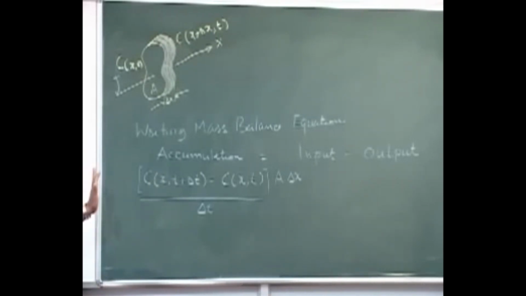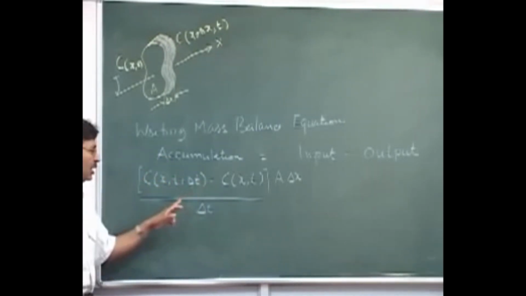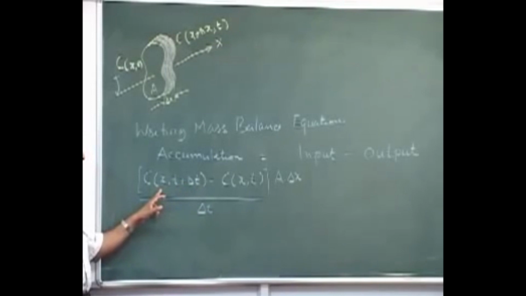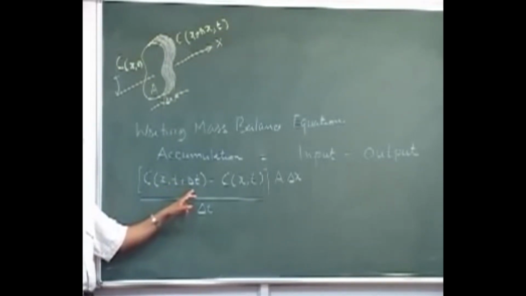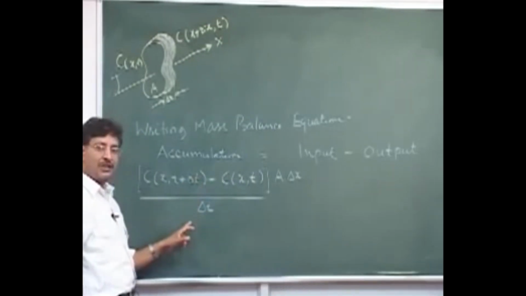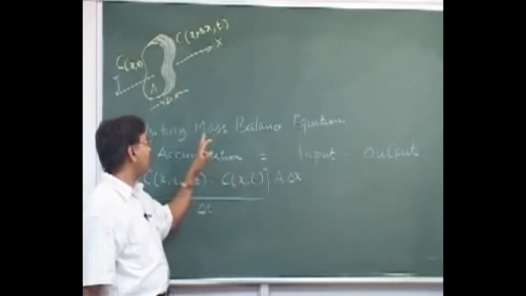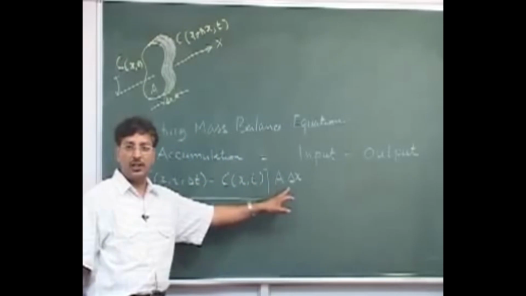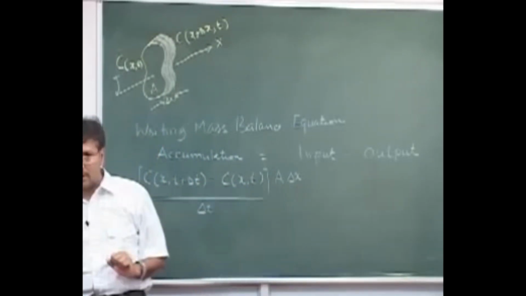This is similar to del C by del t, but we are talking against this strip. How much is the accumulation rate? Concentration at t plus delta t minus concentration at t, times delta t. So concentration per unit time, but we are interested in mass balance, so area times delta x. Is that all right?